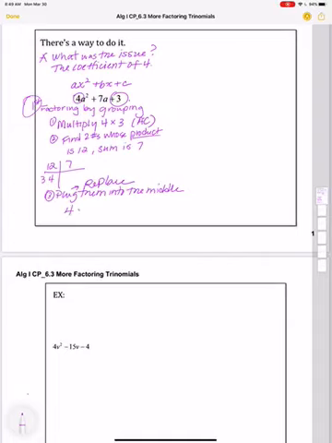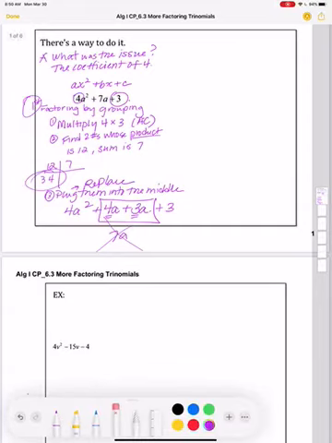So it would be 4a squared plus 4a plus 3a, because these are the two numbers that I found right here, and then plus 3. So I have taken 7a out, and I put in for it 4a plus 3a. Now that makes sense, because 4 plus 3 is 7. So it's just a different way to write it.